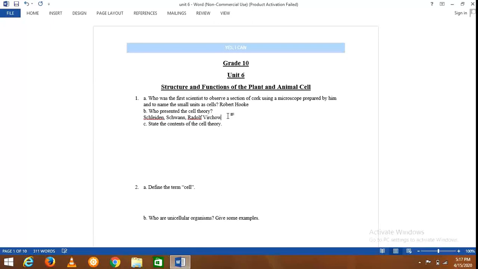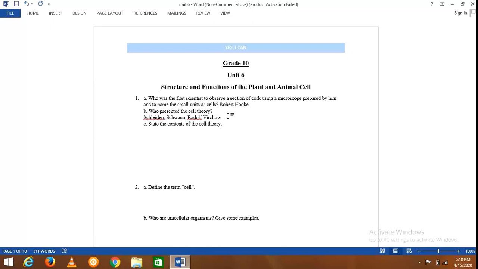Then, a new cell is always formed from a cell which was existing earlier. So at the end of this lesson, we are going to discuss the cell division process, where two or more cells are produced from an existing cell. Right.